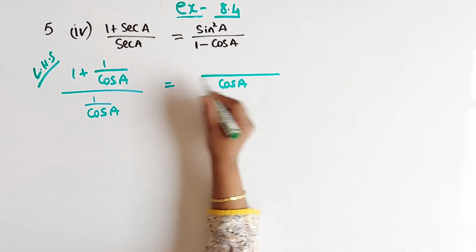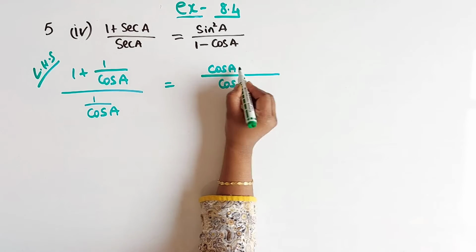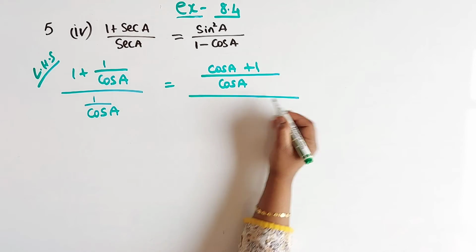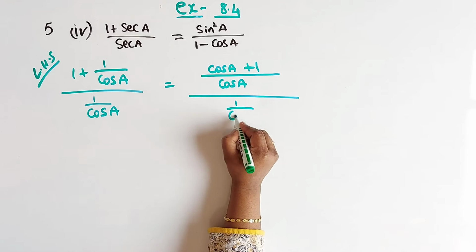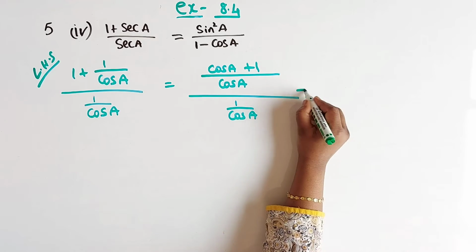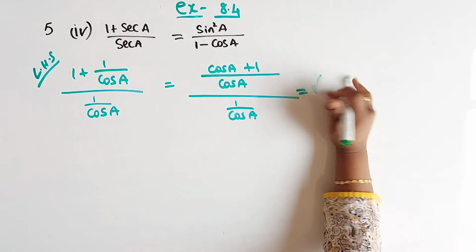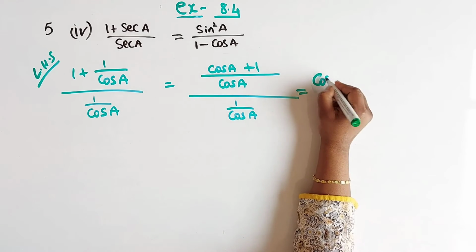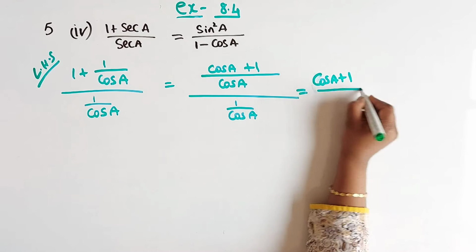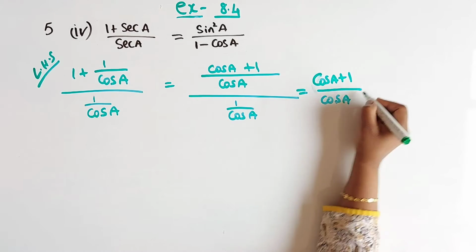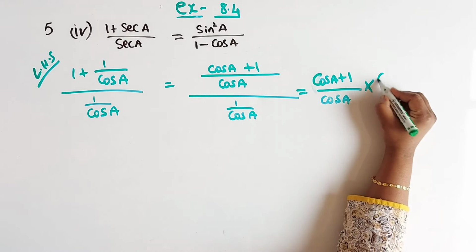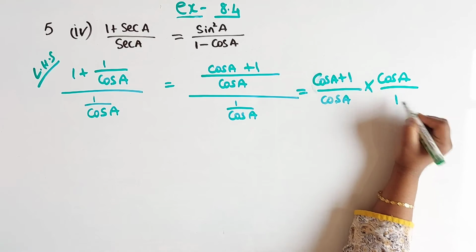In denominator cos A plus 1, divided by here 1 by cos A as it is. Now write it as it is. Cos A plus 1 divided by cos A, into the reciprocal, cos A by 1, correct?